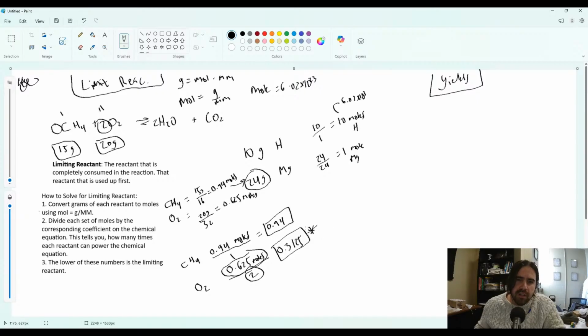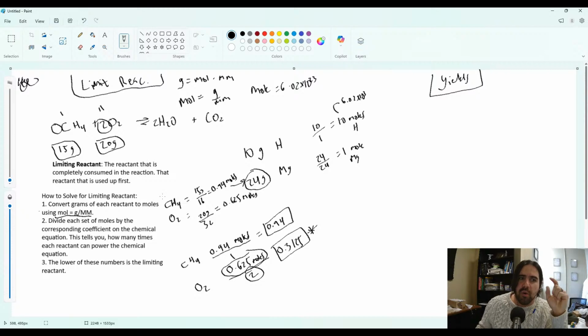Okay, so let's go through this again. In order to figure out the limiting reactant, number 1, convert grams of each reactant to moles using our moles equals grams per molar mass equation, right? Secondly, once you figure out how many moles of each of the reactants there are, divide those moles by the corresponding coefficient.